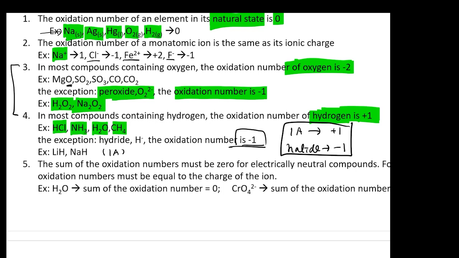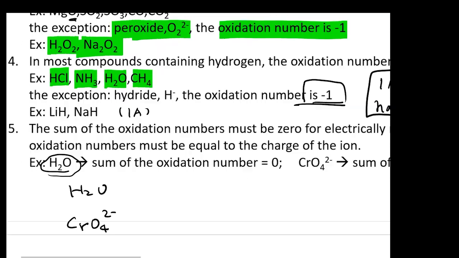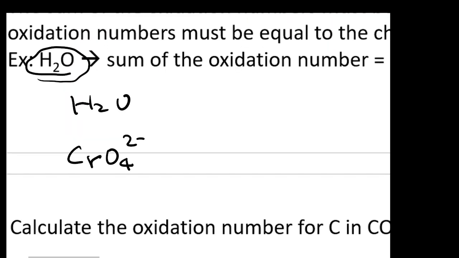The very last rule to determine your oxidation number concerns whether a compound carries charges. For example, your H2O does not carry any charges, but your CrO4 2- carries -2 charge. So H2O is neutral.